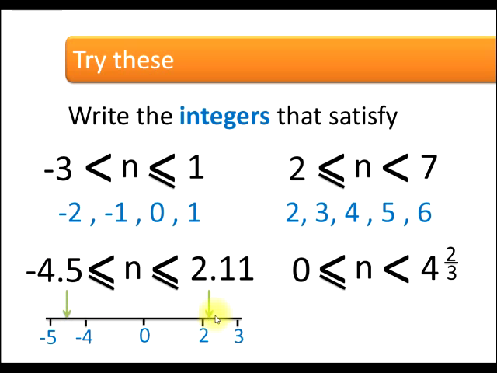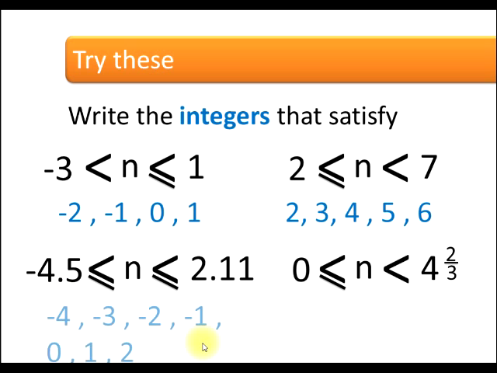And it's got to be in between these two arrows. So it's all of the integers between and including minus 4 to 2. Even if this line wasn't here, it would still include these because it was more than or equal to minus 4.5. So it's minus 4 to 2. And just pop in all the others.